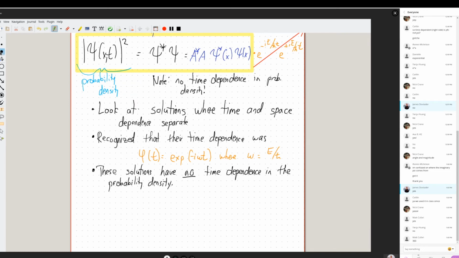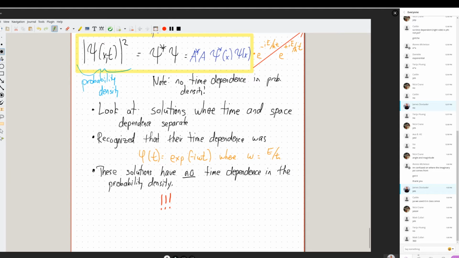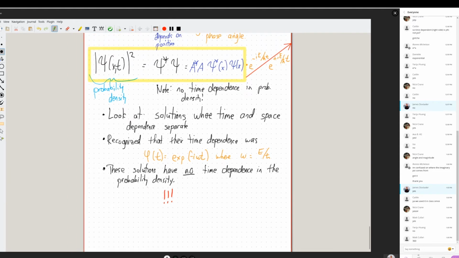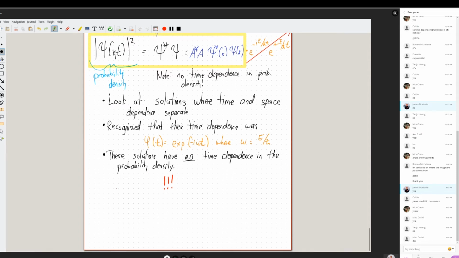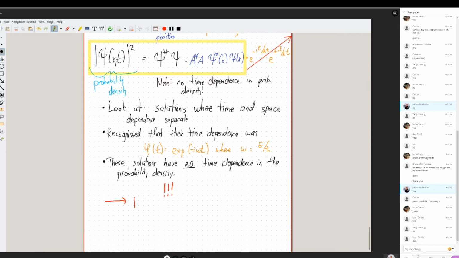Red, big type, exclamation mark, exclamation mark, exclamation mark. It turns out that almost always in quantum mechanics, what we are very interested in is understanding solutions with these properties.